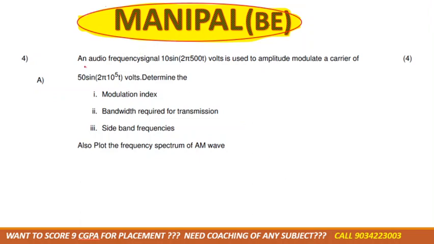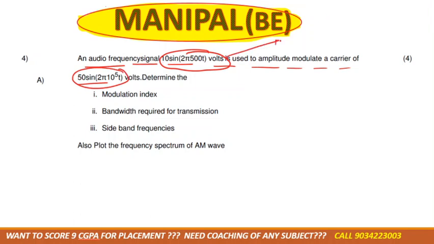Now see in this question, an audio frequency signal 10 sine 2 pi 500 t volt is used to this one. So basically the frequency signal is this one, and the carrier signal is this one. There are two types of signals, one is the carrier signal and one is the modulating signal.